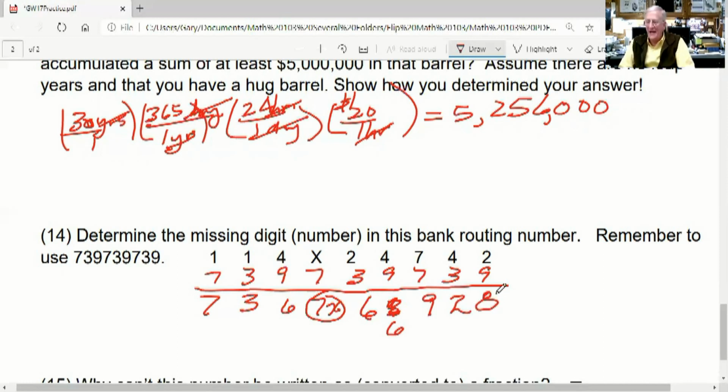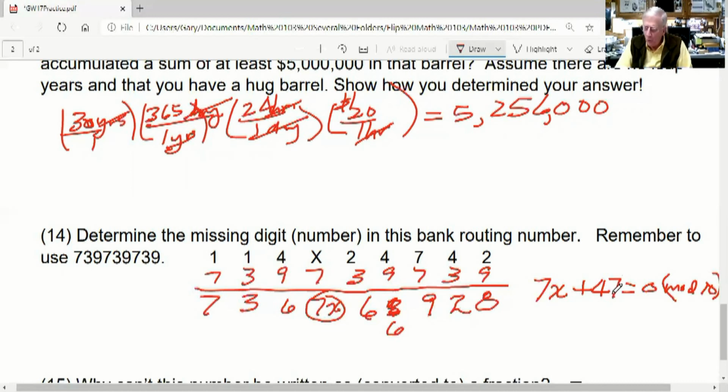So if I add all those numbers together, 7x plus some number has to equal 0 mod 10. Let's see. If I add these up, 7 and 3 is 10, 16, 22, 28, 37, 39. 39 and 8 is 47.